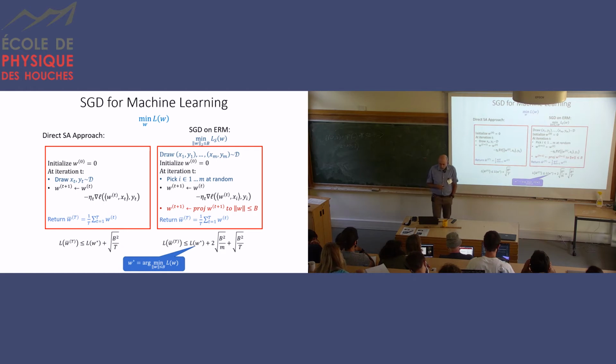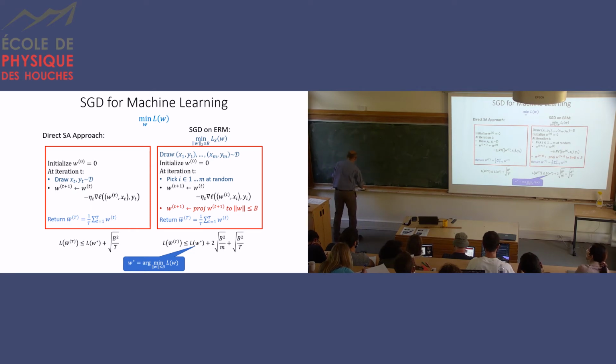Now, there's something strange here. The guarantee I get here rests on the fact that I'm competing with W star, so maybe we should write directly what W star is. W star here is the best we can do in the class.